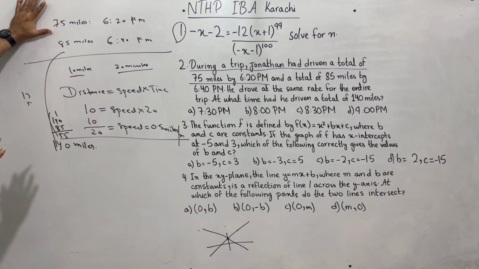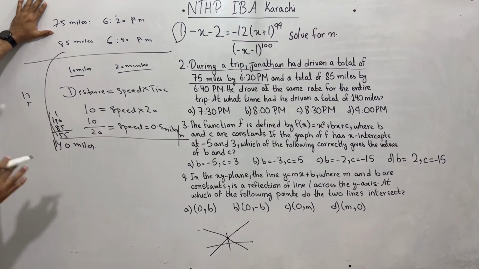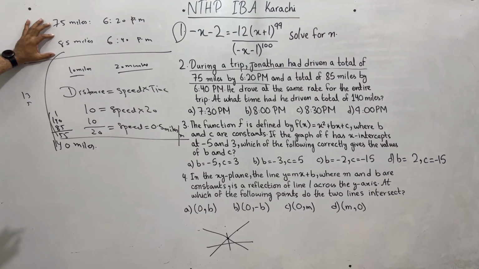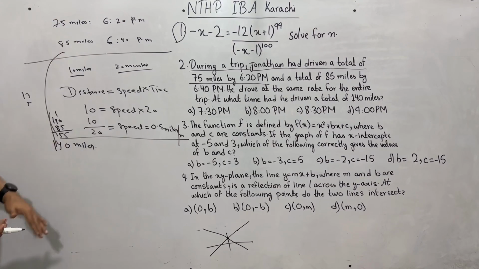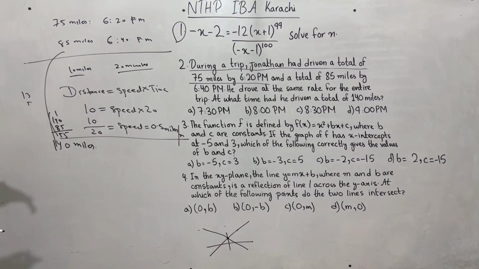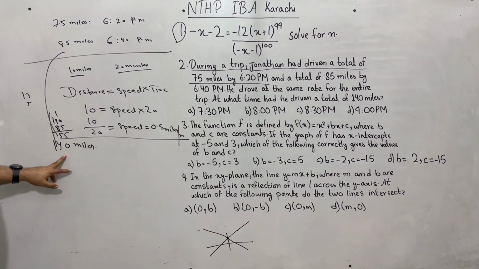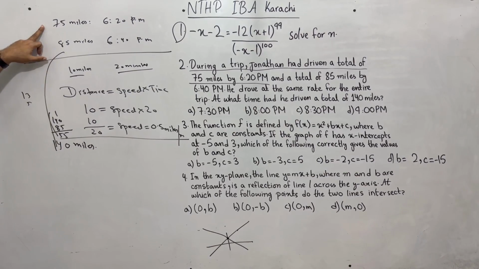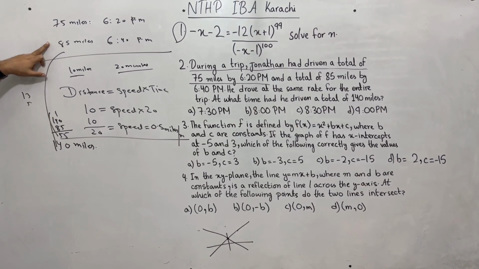By 20 past 6, he has traveled 75 miles. By 40 past 6, he has traveled 85 miles. Then he said that at this constant rate, throughout, he traveled 140 miles. He has covered 75 by 20 past 6, 85 by 40 past 6.